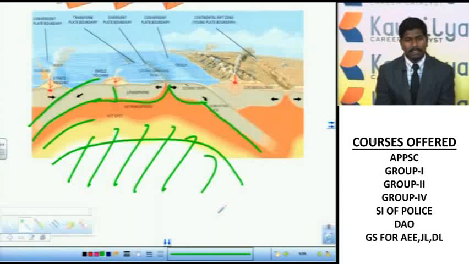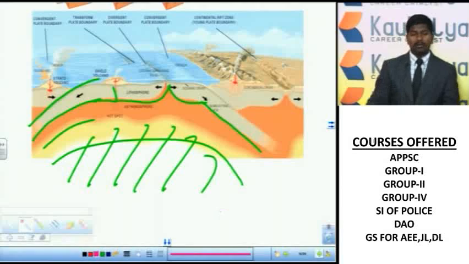So it is clear that the present day continents and oceans evolved from the single continent called Pangaea, and the oceans developed from a single water body called Panthalassa.